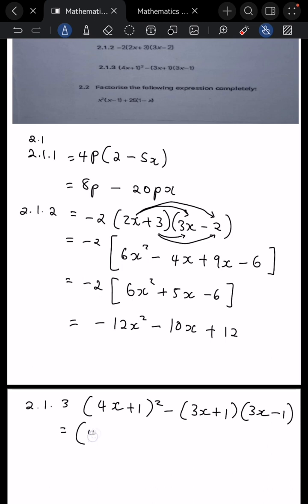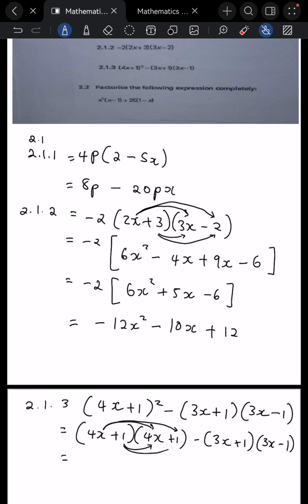It simply means that on this side we're going to have (4x plus 1)(4x plus 1) minus (3x plus 1)(3x minus 1). Again, it is the same method: this times this, this times that. What we're going to have is 4x times 4x is going to be 16x squared. 4x times 1 is going to be 4x. 1 times 4x is going to be 4x. 1 times 1 is going to be 1.